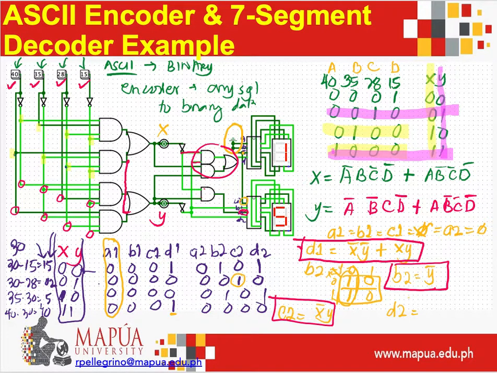So here we have an equation that includes an encoder, and the given binary information is decoded into the difference of temperature using the 7 segment display.